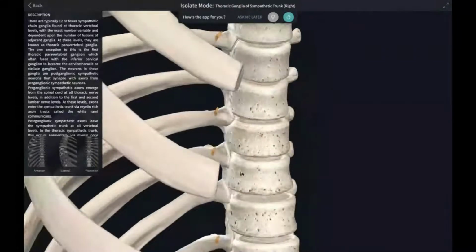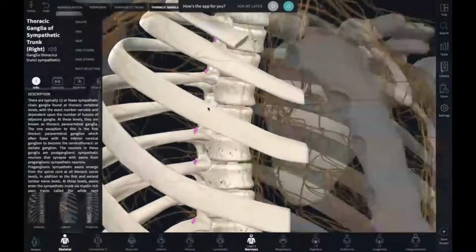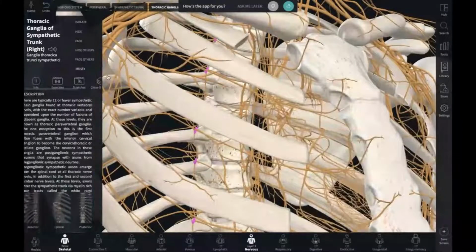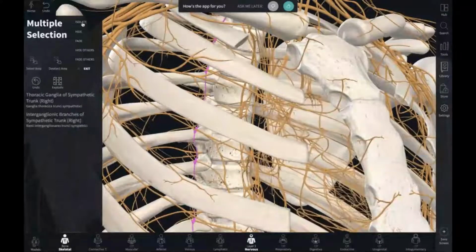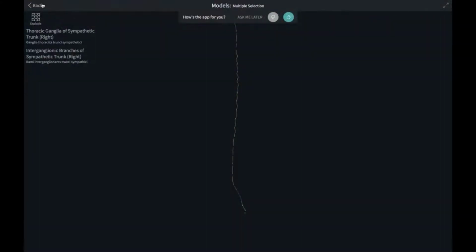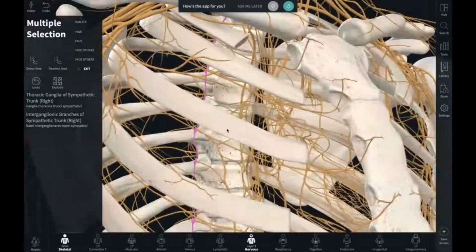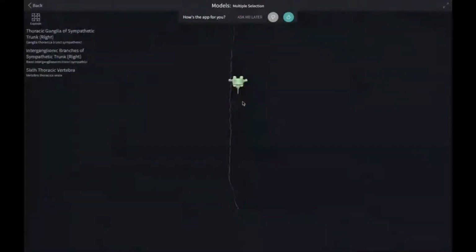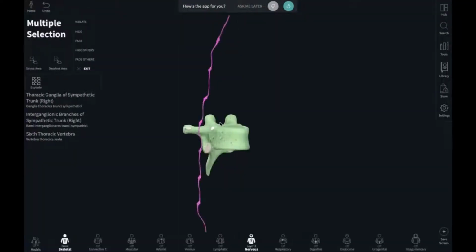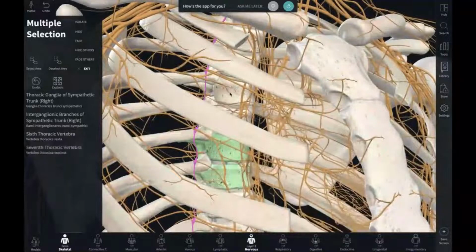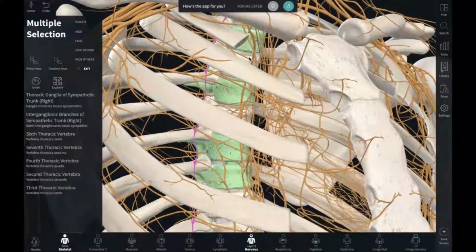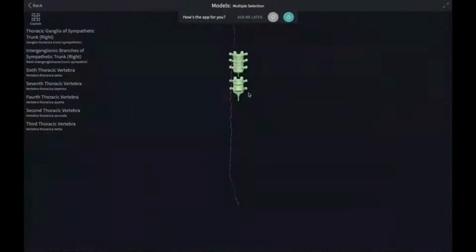So these ganglions are interconnected. All these are the sympathetic ganglions that are present adjacent to the vertebral body.